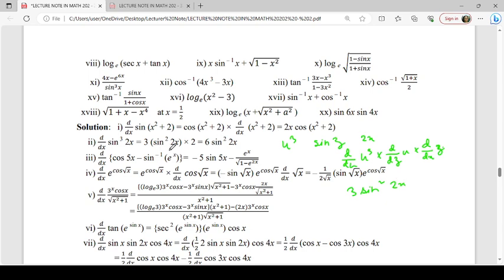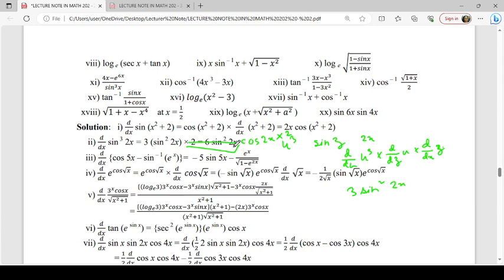Oh, it is not this one, it is actually sine. First it is 3 sine square, then cos into cos of twice x, d/dx of sine function, its derivative is cos twice x, then into d/dx of 2x.